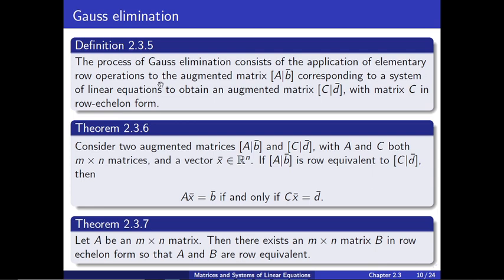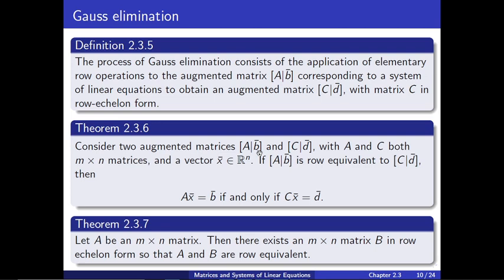what it means is if we use Gauss elimination to reduce an augmented matrix to echelon form, then the solution that we get for the new system CX equals D, where C is in echelon form, is the same as the solution that we would have gotten for AX equals B for the first system AB.